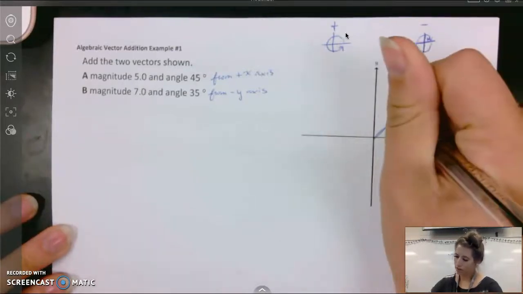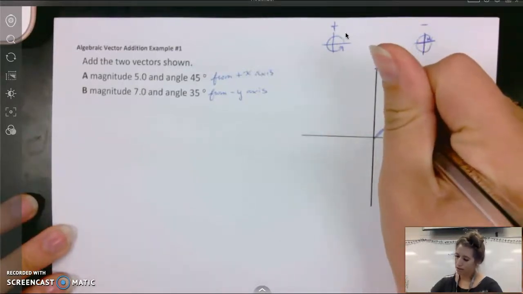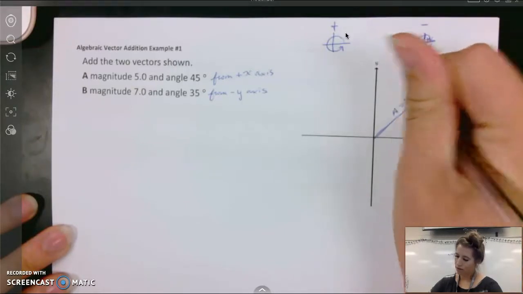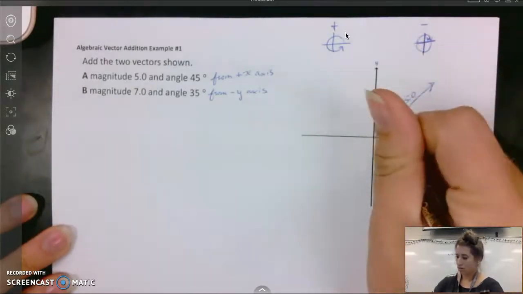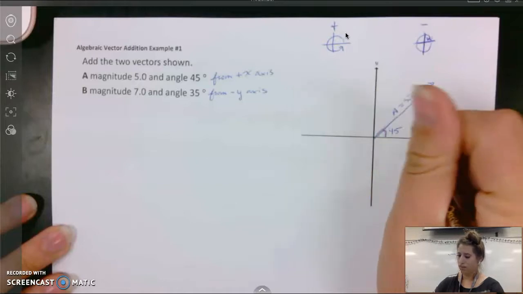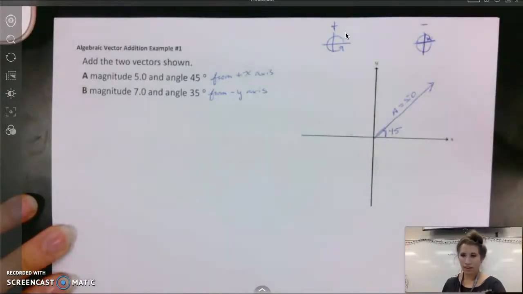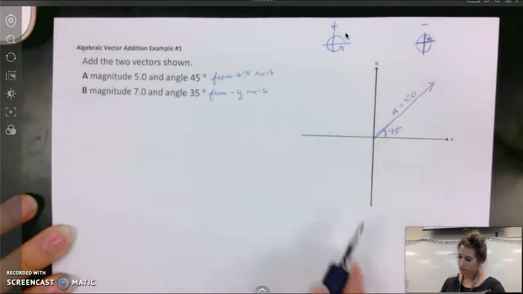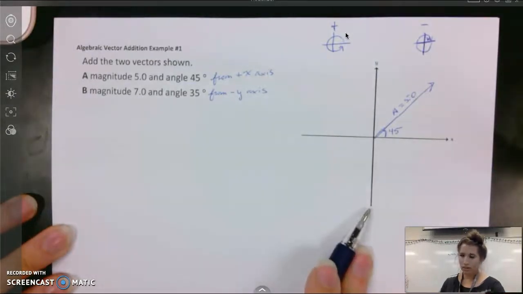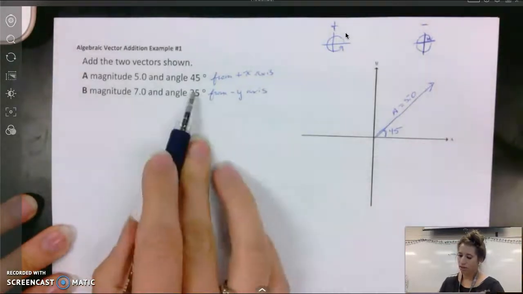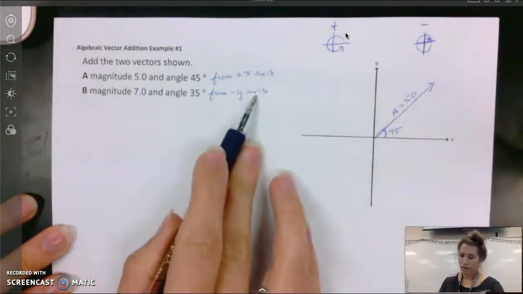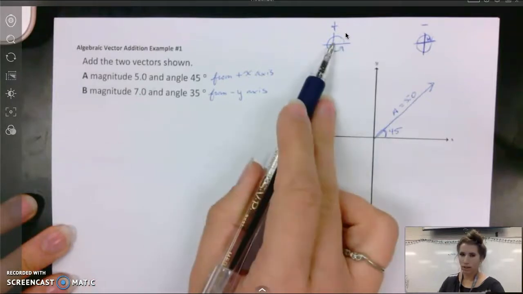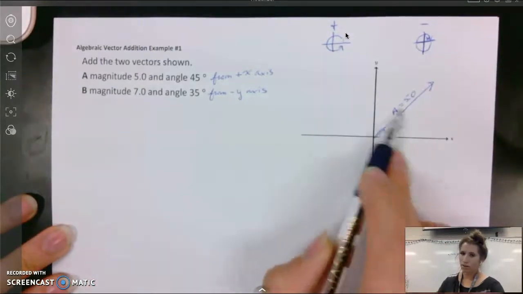Okay, so we have vector A, which has a magnitude of 5, and it's a positive 45 degrees from our positive x-axis. So here's positive y-axis, here's negative y-axis. So if I'm starting at negative y-axis, I'm going to go positive 35. So again, positive degree direction. Okay?